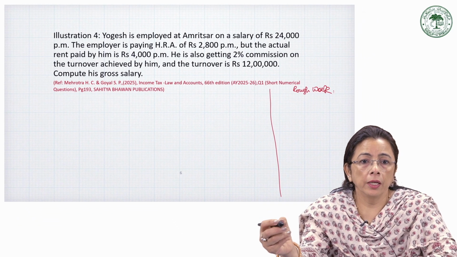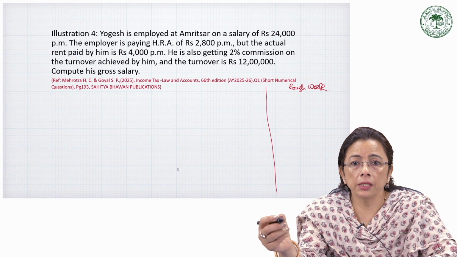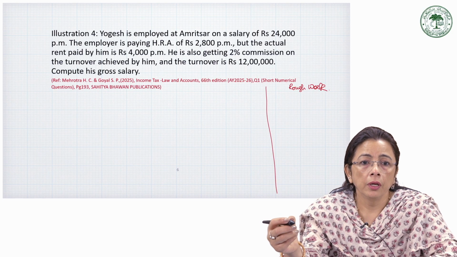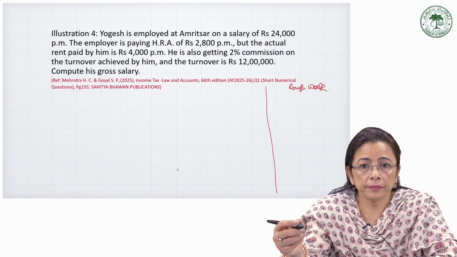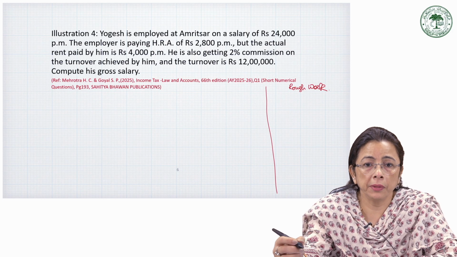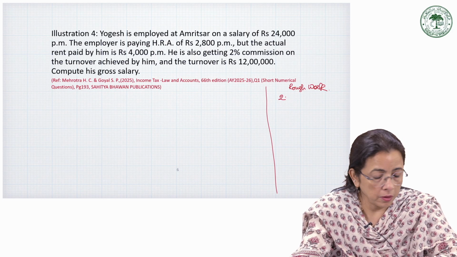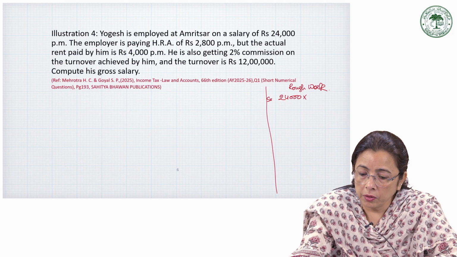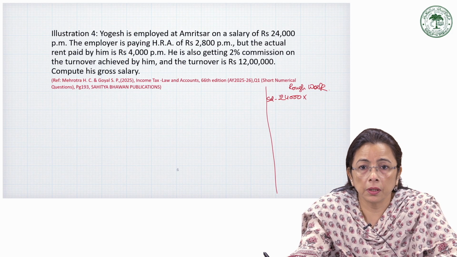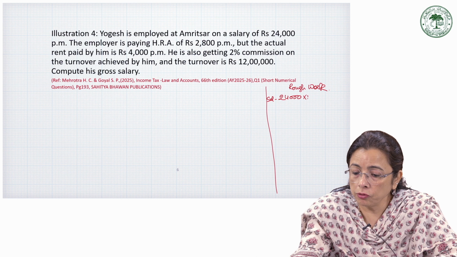Now coming here, we have to compute first of all the total salary that he is receiving. The salary is 24,000 per month.